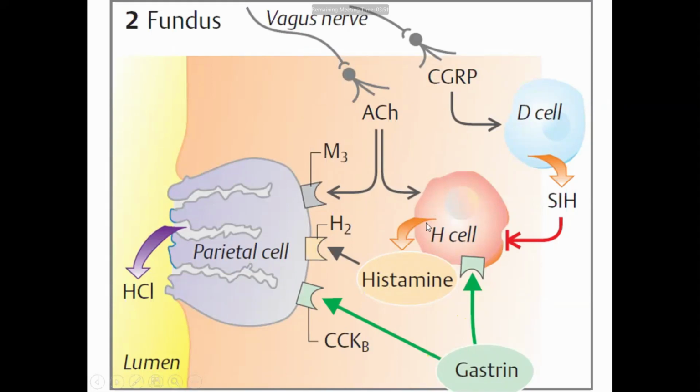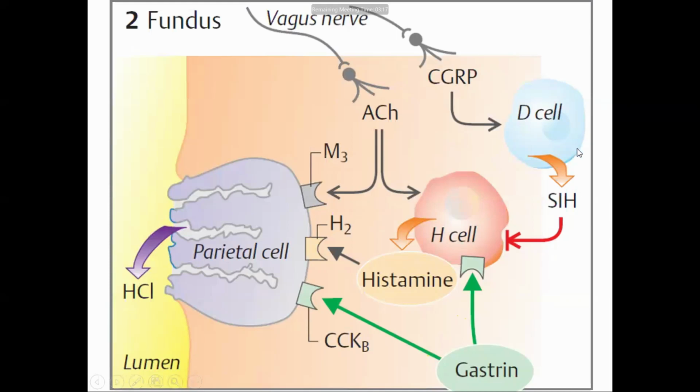When it acts on the parietal cell, calcium level is increased and there is secretion. When it acts on the histamine enterochromaffin-like cells, it acts on the H2 receptor and histamine is released. When histamine is released, it will cause secretion of HCl. The same vagus nerve acts on the D cell by releasing gastrin releasing peptide. It goes through the blood and will stimulate the H cell; there is the CCK-B receptor.